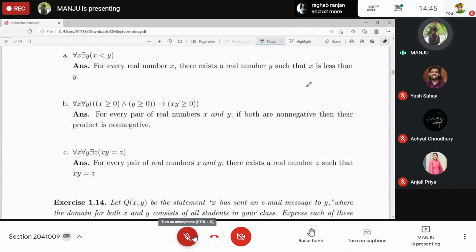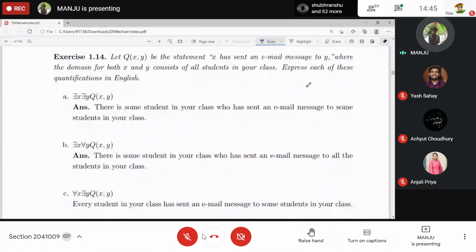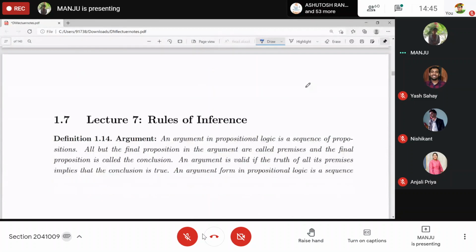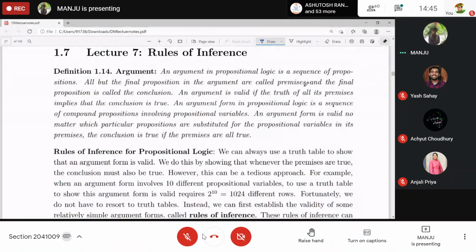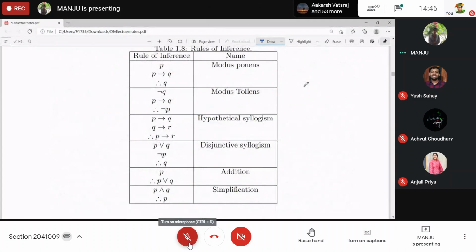Then we did this translation part, logic to English, English to logic. Any doubt in rule of inference? No, ma'am. Okay, revise it.